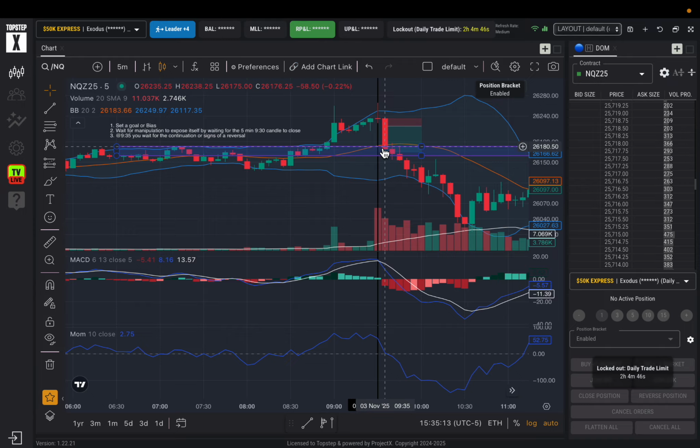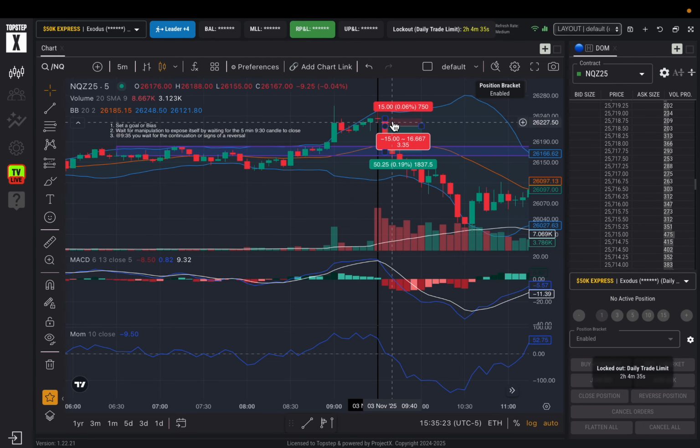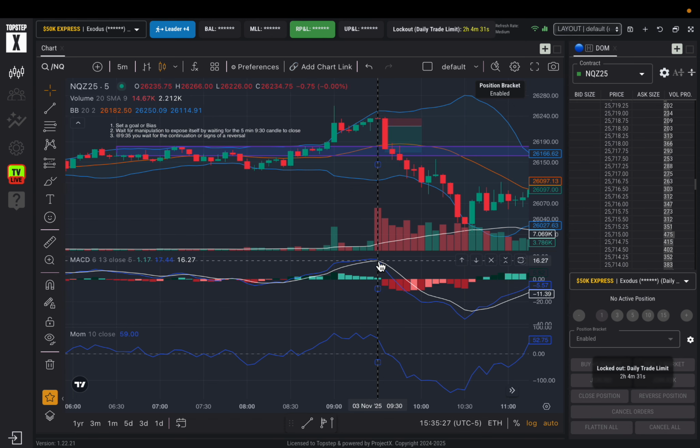There's many signs of reversal. A reversal can be, for example, here it was going short, and then all of a sudden it's starting to go up, green. You look at the MACD lines.